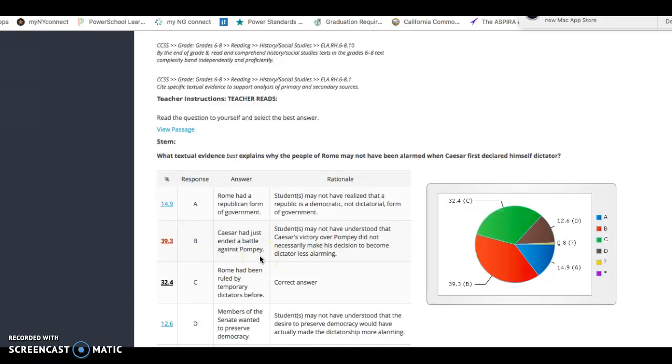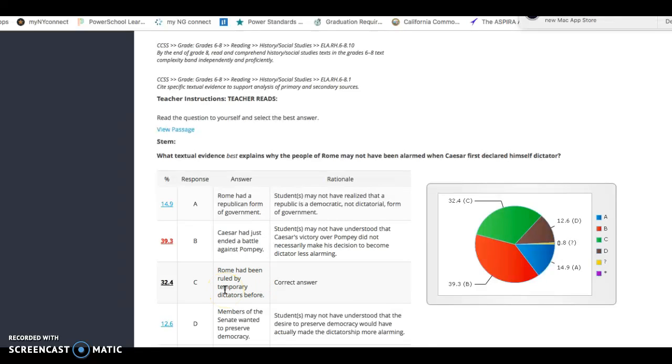And sure, if you think about it, because Caesar won this battle, then it makes sense that he would declare himself dictator. But this doesn't necessarily follow. But I guess in some way that could be assumed.